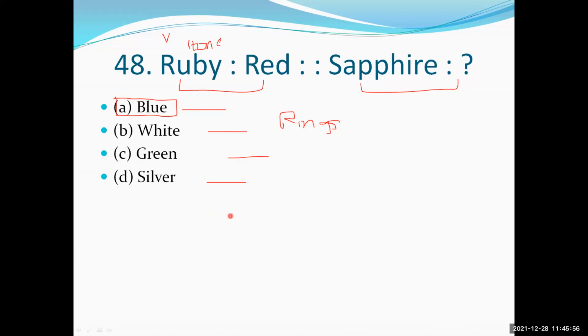Usually astrologers may advise you to use ruby for your future. They will try to connect it with such kind of stones, and so you may wear such kind of rings with ruby, sapphire, and other valuable stones. Okay, so option A is answer here.